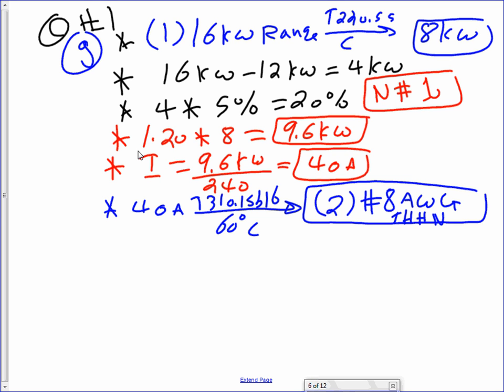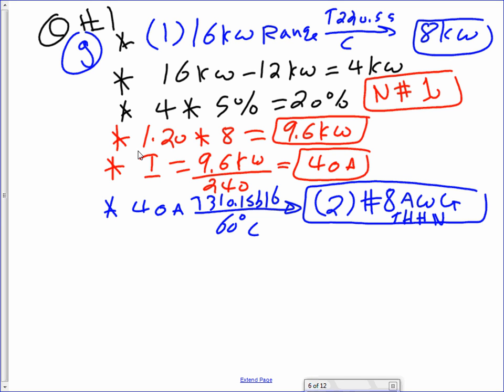The range that we did before was what? 7, so it was less than that. If your range is 8 3/4 or larger, you're allowed to derate the neutral, but you shall not use less than number 10.